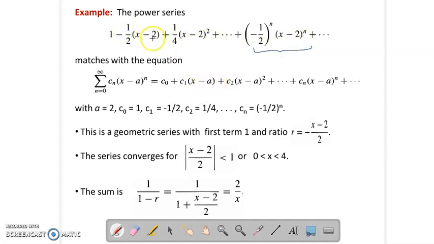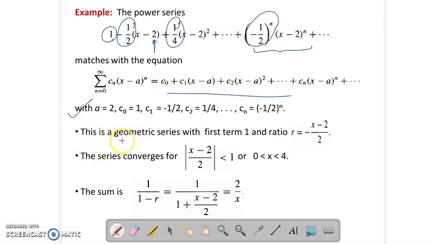So you see, this is a power series whose center is 2 and whose coefficients c0 is 1, c1 is minus 1/2, c2 is 1/4, and cn is (minus 1/2) raised to the power n. So we see this power series, when compared with this one, we have a and the cn's, right?